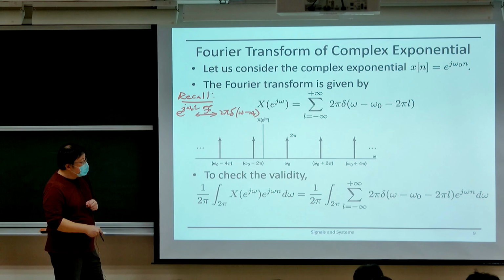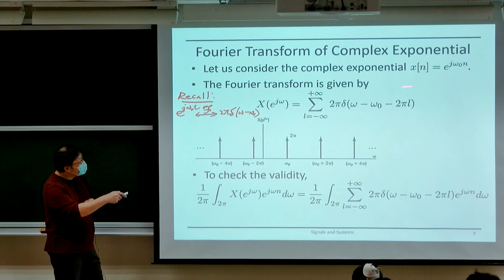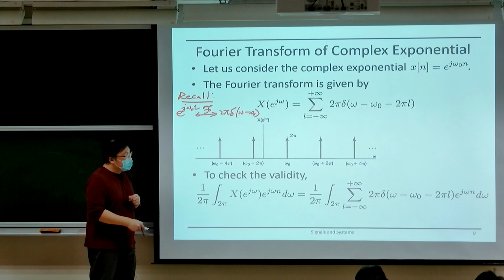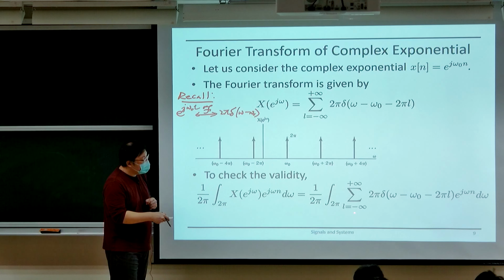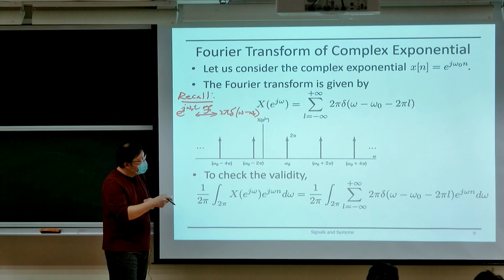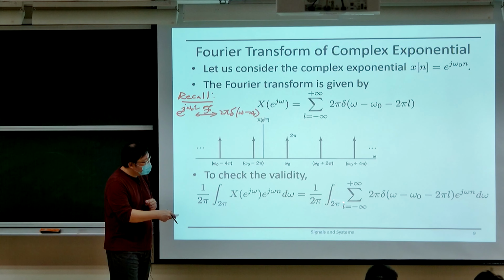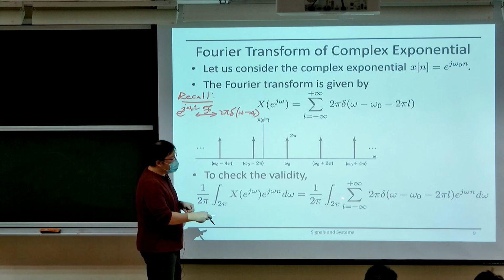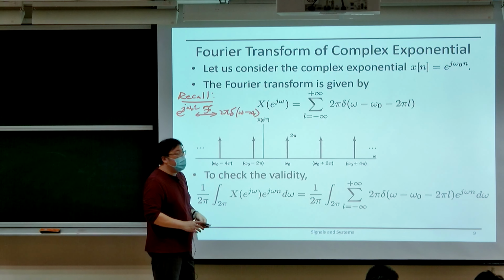Now this X, I substitute with this pulse train. So I'm basically integrating over this pulse train times e to the j omega n over a frequency range of 2 pi. Any 2 pi range is okay.